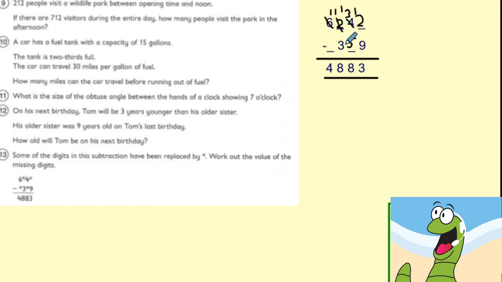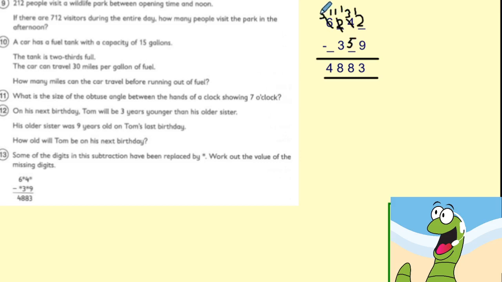So, 3 from 11 gives me 8, which means I must have taken 1 from 6, and that leaves me with 5, because I'll have borrowed that 1,000 there to allow me to take 3 from the 11, which gives me 8.